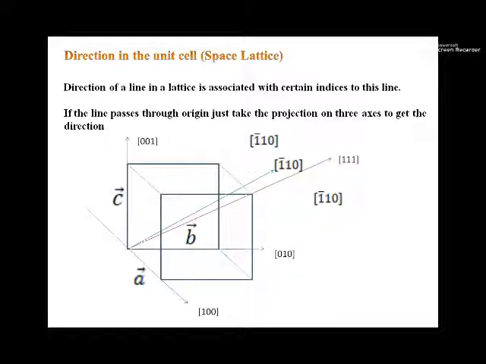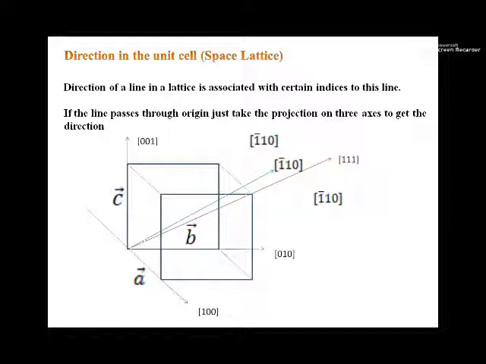Now as this line is passing through the origin, you cannot get any intercept on the x-axis, so you have to give a shift to this line to get the intercept.